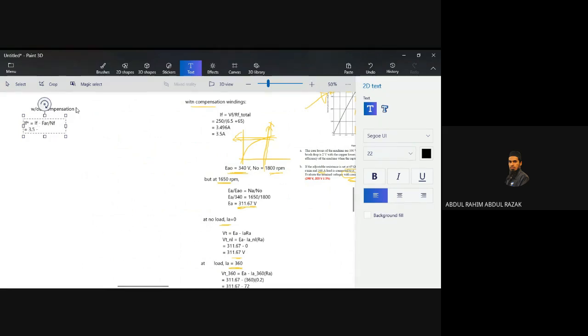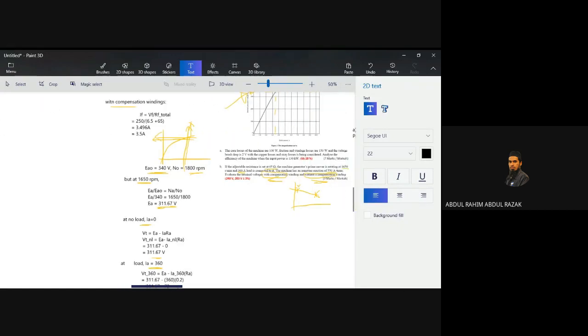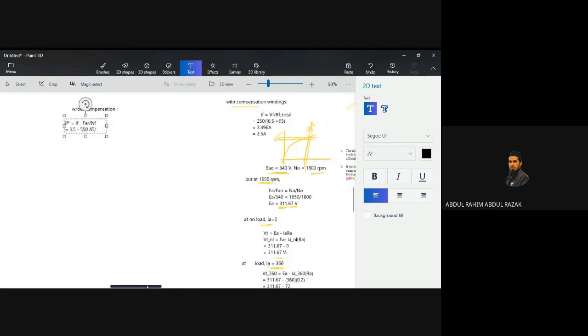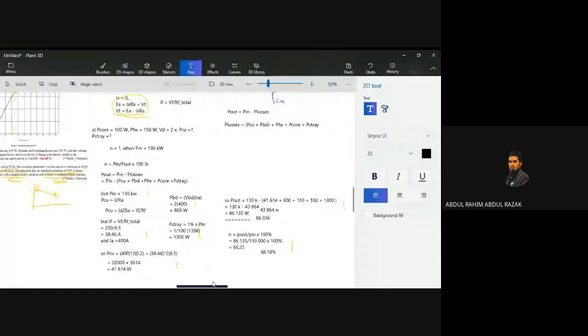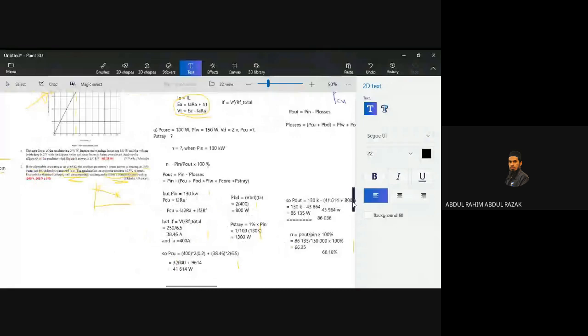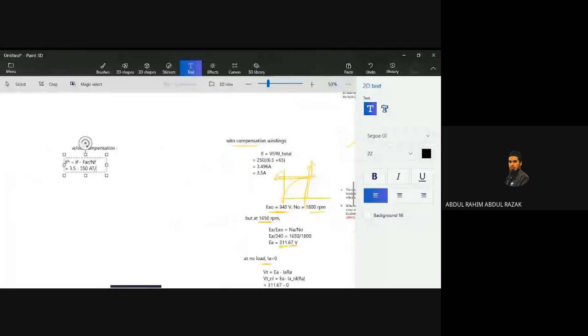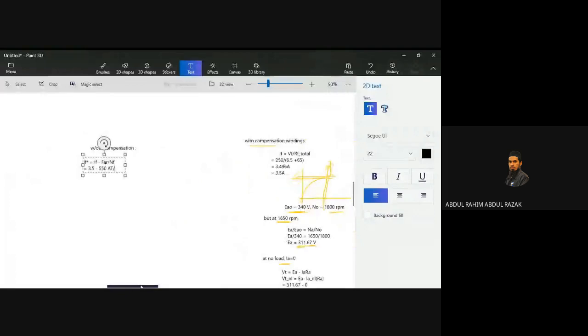Armature reaction is 550 ampere turn, divided by how many turns of this circuit at field, which is now 1100 turn.